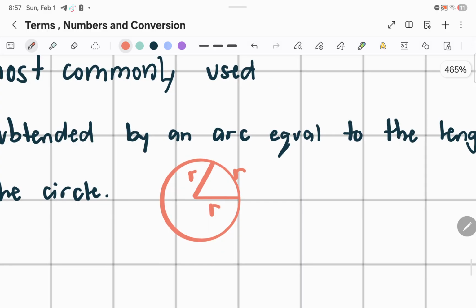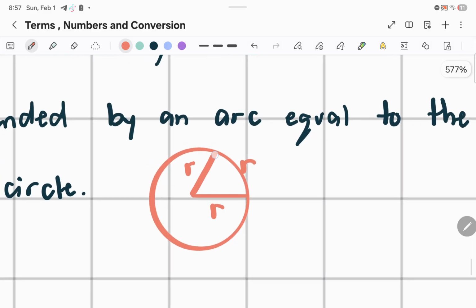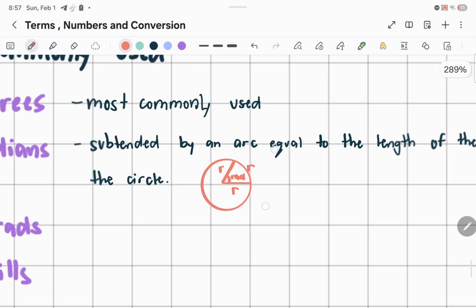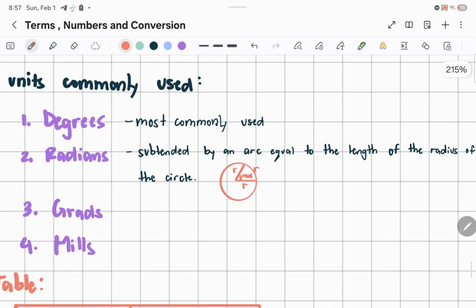And the angle between these is the radian. In one complete revolution of a circle, that's equal to 2 pi. So from this until this, one complete revolution is equal to 2 pi in radians, while in degrees, that's equal to 360.